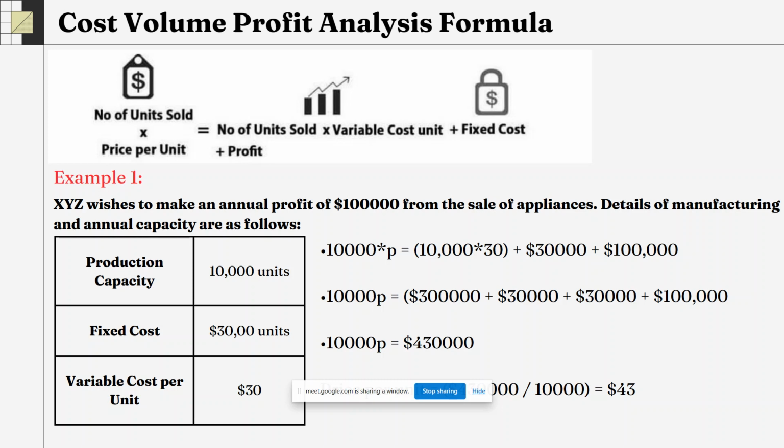So the price per unit comes out to 43, which implies that XYZ will have to price its product at 43 and need to sell 10,000 units to achieve its target profit of 100,000. So, ibig sabihin niyan, yung $43, yun yung magiging price ng kanyang product at kailangan niyang makabenta ng 10,000 para magkaroon siya ng profit na 100,000.